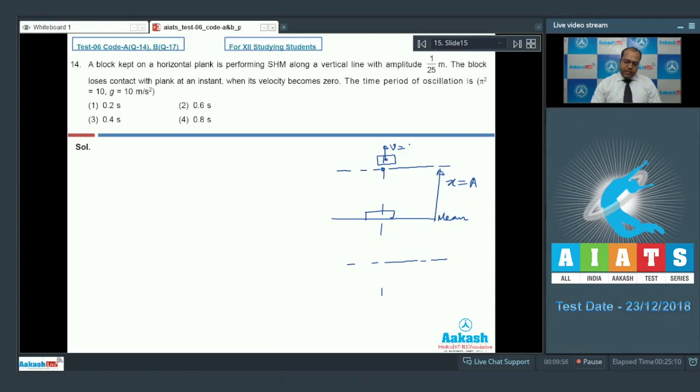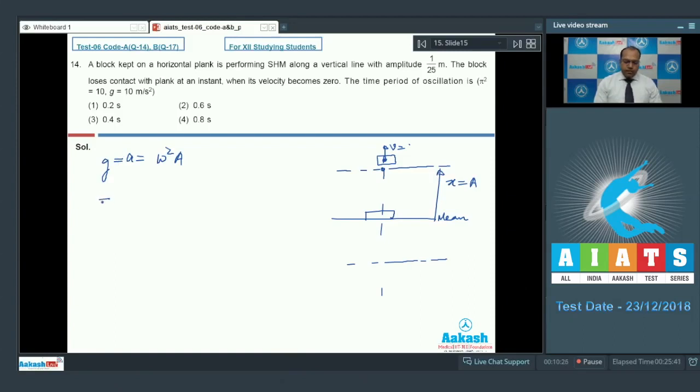So at this instant, the value of x is equal to a. So if I write the acceleration of the block at this moment, the acceleration is omega square into a, which is restoring in nature. So the value of acceleration at that moment is g, as the block loses the contact with the plank.